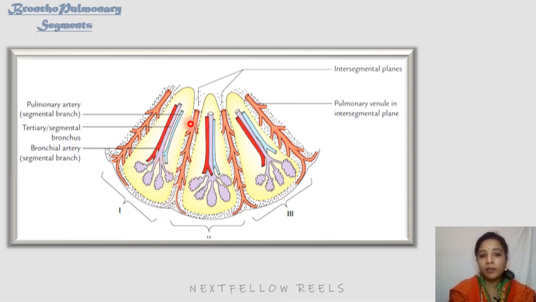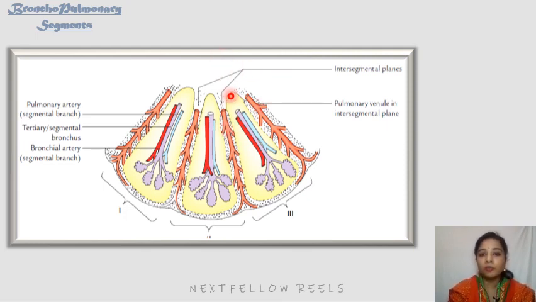Along the intersegmental planes, in between the segments within the connective tissue, there are pulmonary veins. These red colored structures are the pulmonary veins. The pulmonary arteries are shown in blue and the pulmonary veins in red because pulmonary veins carry oxygenated blood.